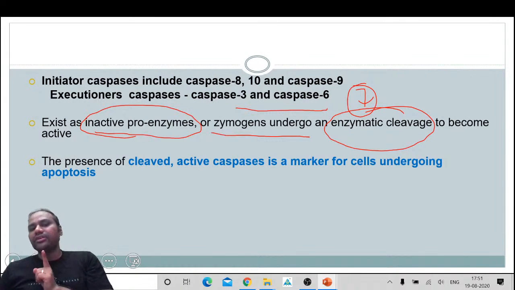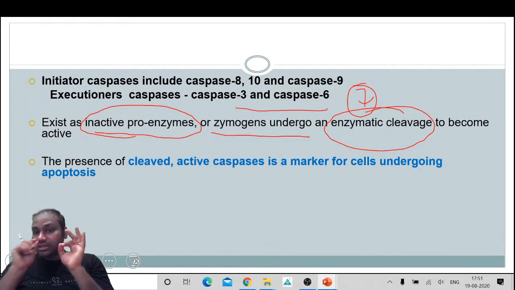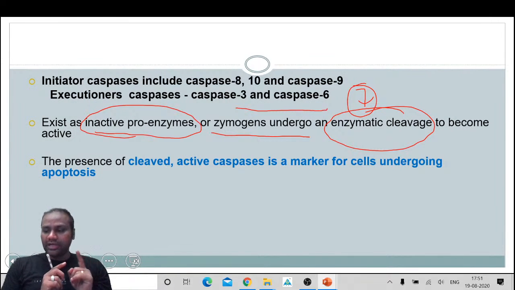There are different types of regulators for caspases, which we will learn, but the zymogen form is the first natural regulator of any caspase. That should be understood very well.